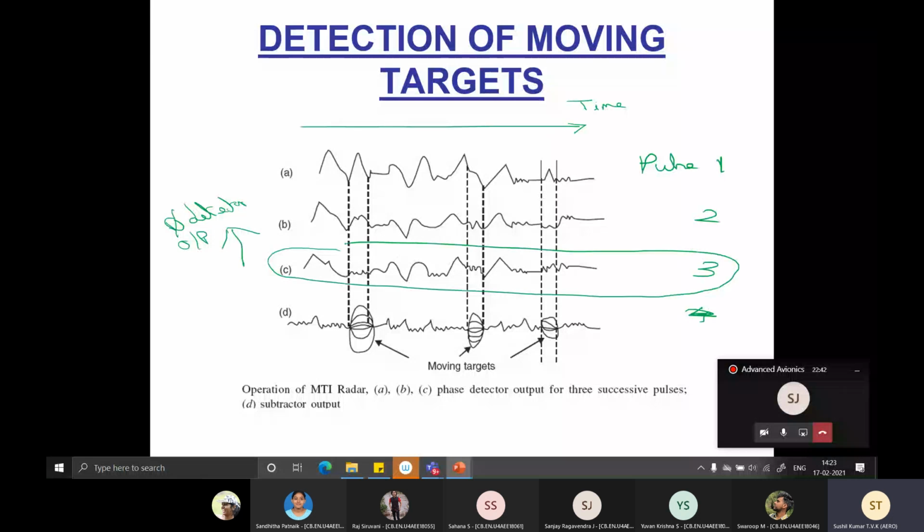Let's assume we have emitted 2 pulses, and we have a provision of recording it.